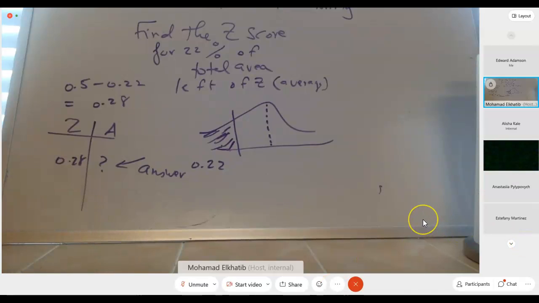For example, here's what we're going to be doing next week. Let's say nationwide, the average SAT score is 1,200. If I come to a high school in Houston, what is the chance that students would score between 900 and 1,500? We can get that answer.